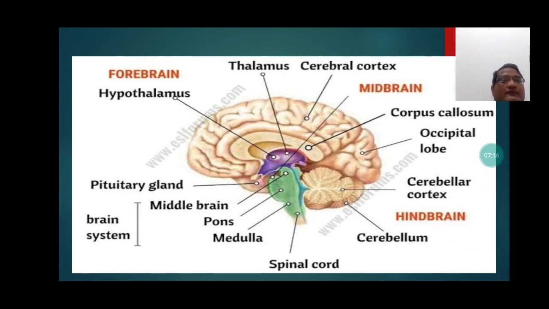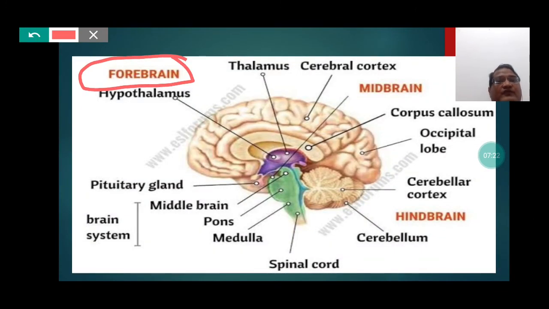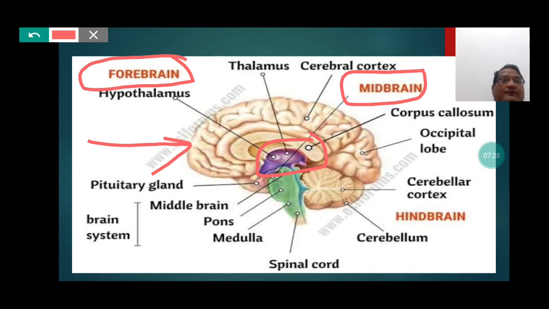Students, here you can easily notice in this picture the forebrain, which is the front part of the brain, the midbrain, which is the middle part of the brain, and the hindbrain, which is the ventral part of the brain.